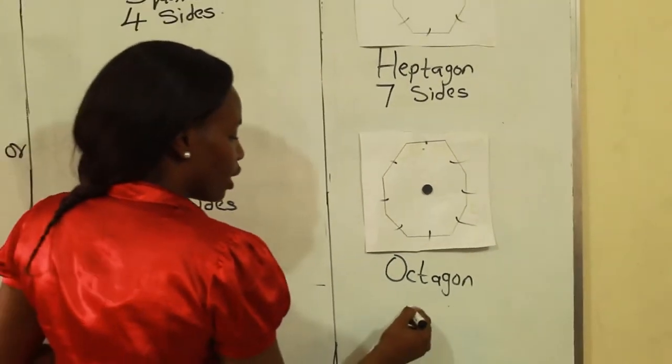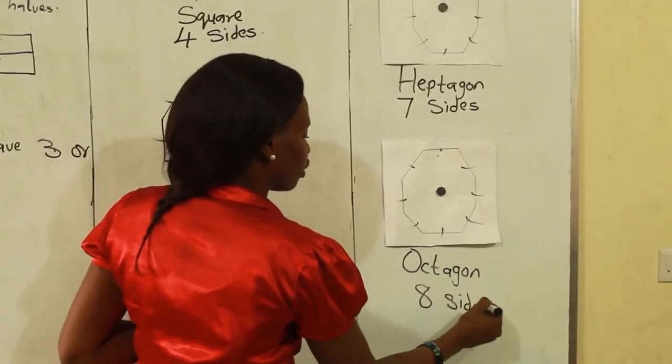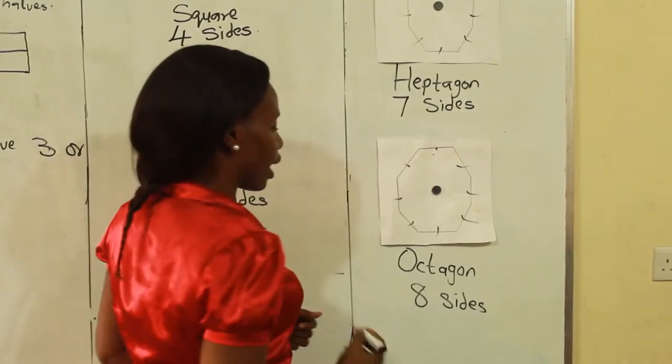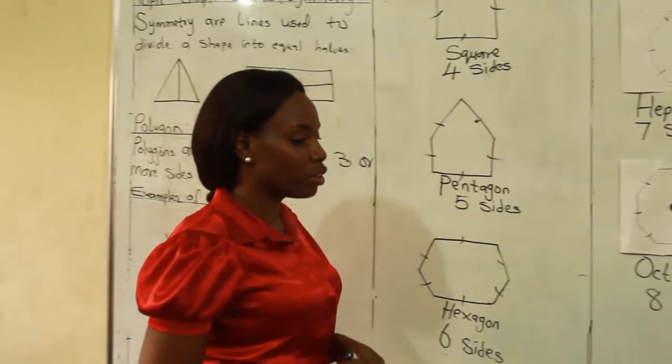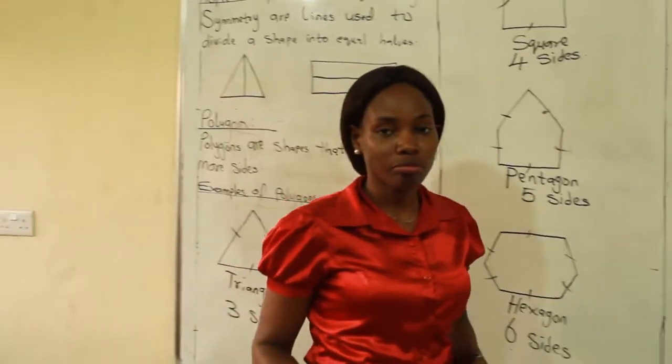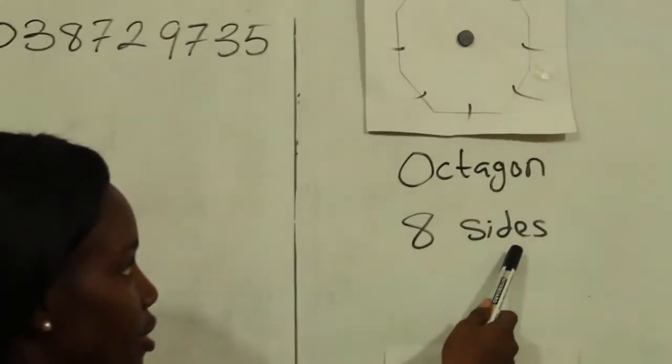An octagon has 8 sides, and it is also an example of a polygon.